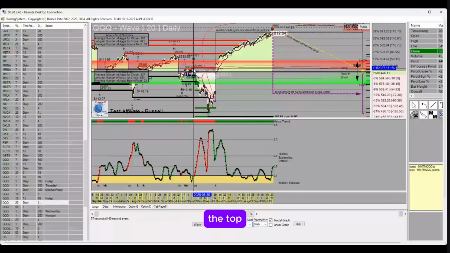So you can see the top is sitting at 39 and the bottom at 24. So it's visually showing you that the long side is more potent than the short side, because the long side has a bigger extension than the short side. The short side has smaller pullbacks.